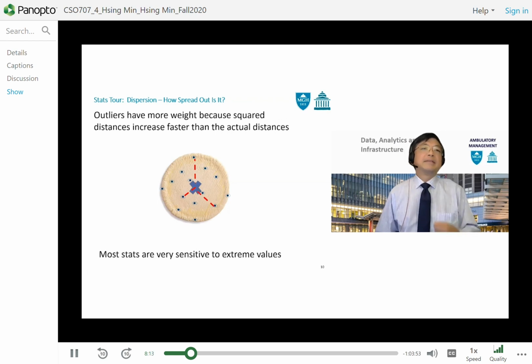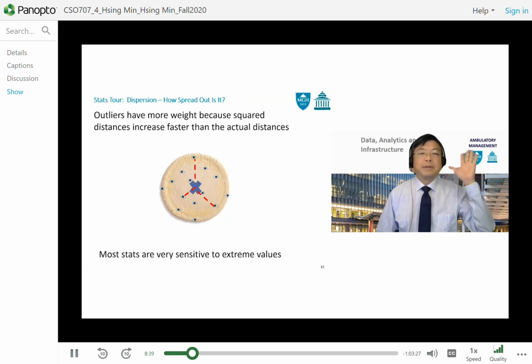The significance of this is that outliers have a disproportionate impact on measures of spread. This anchovy eyeball has a lot more impact on what you're going to conclude from your study than this one. In fact, once you go beyond means, means are just sums divided by counts. It's a very linear thing.